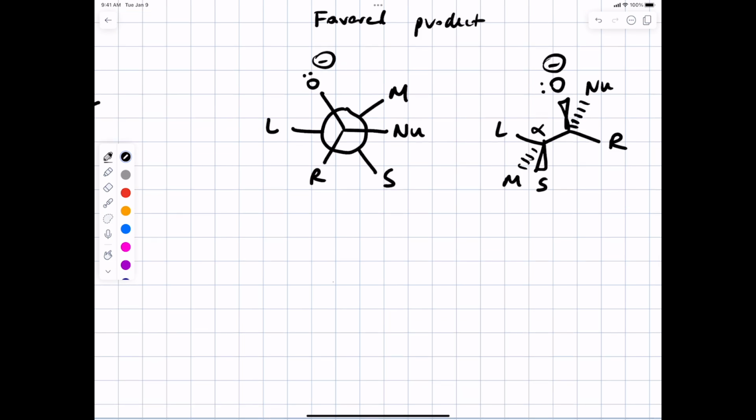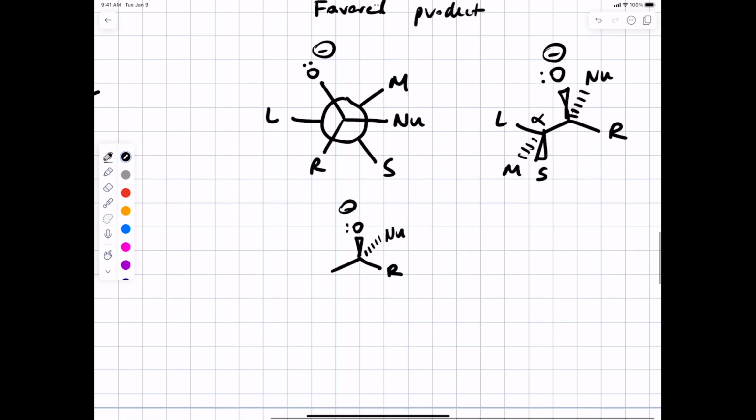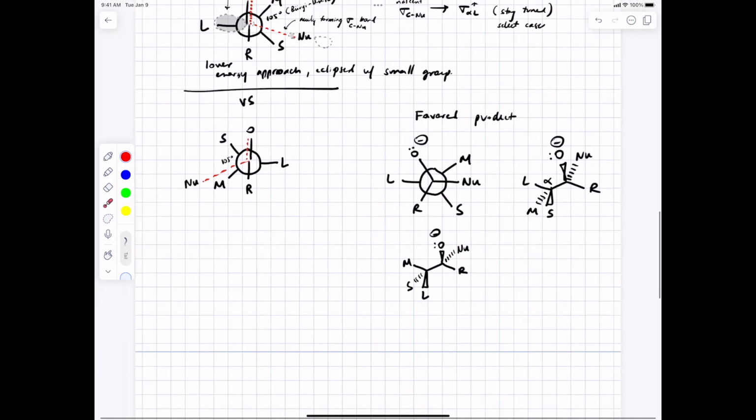As drawn here, the nucleophile is opposite the large group, and the medium group is anti to the R group, which means the small group is here. Those are both the same compound. I've just rotated the bond to make it more consistent with the Newman projection.